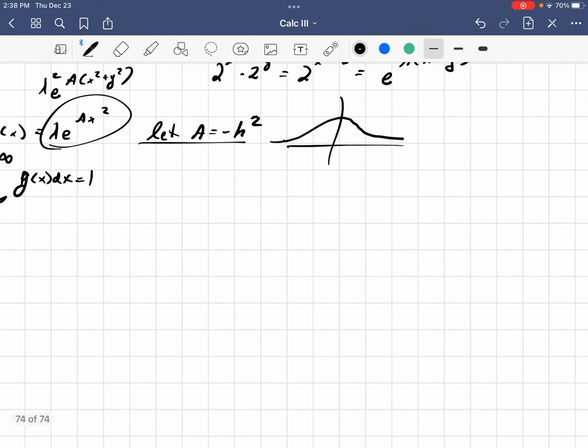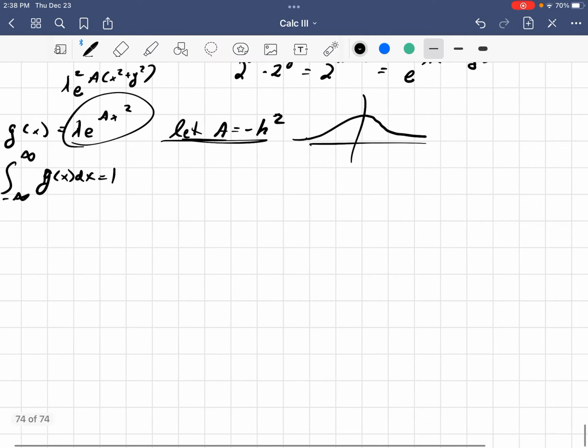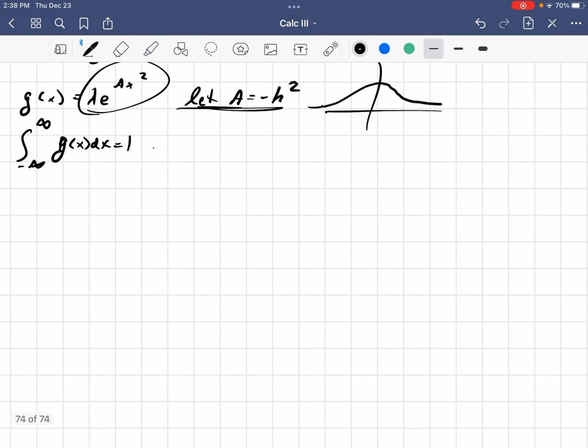And so we get a finite area by letting this substitution happen. Okay, so we have the integral from negative infinity to infinity of lambda e to the negative h squared x squared dx. And now this is just kind of some routine calculus.